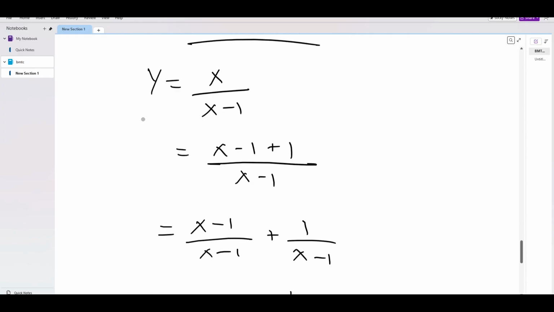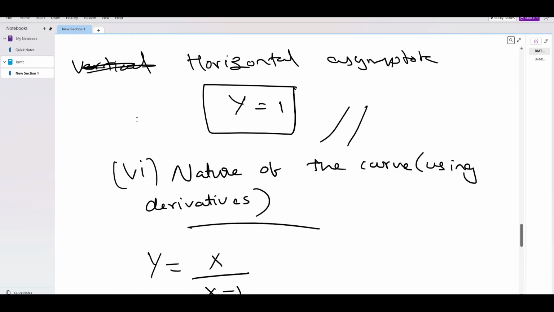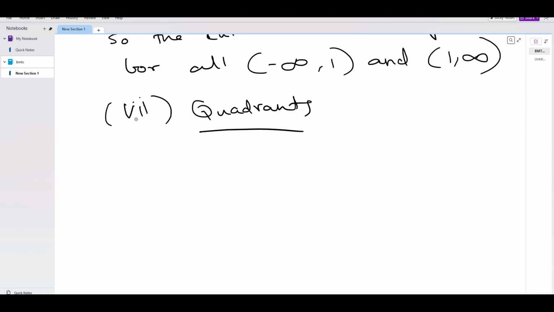So the next one is quadrants, the sign of y and quadrants.